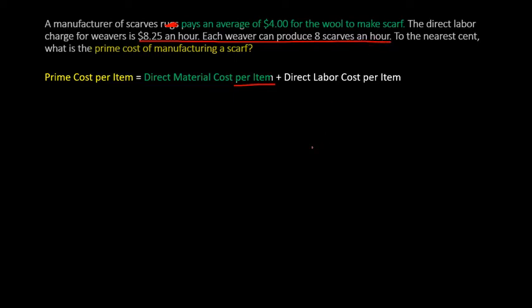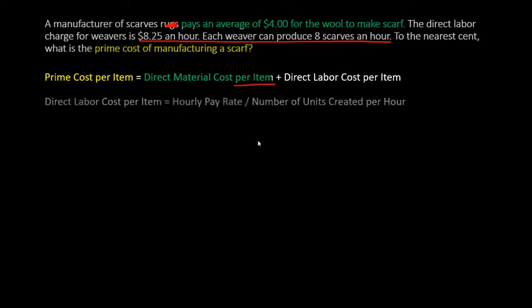So we need to break this down into what wage we're paying out per scarf. Okay, so if a weaver is paid $8.25 an hour and in that hour produces 8 scarves, what is each scarf costing us in wages?